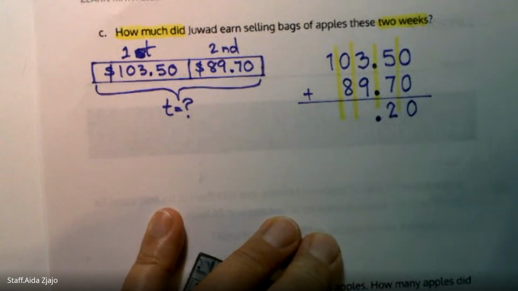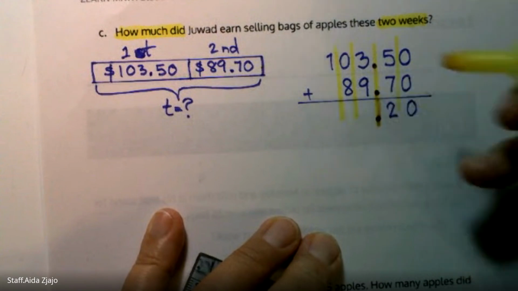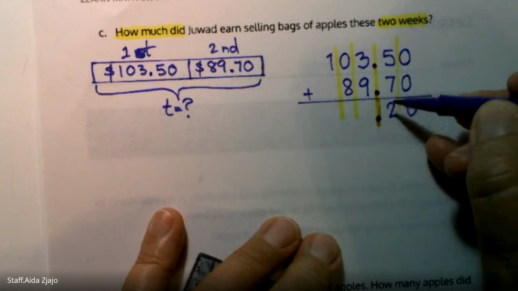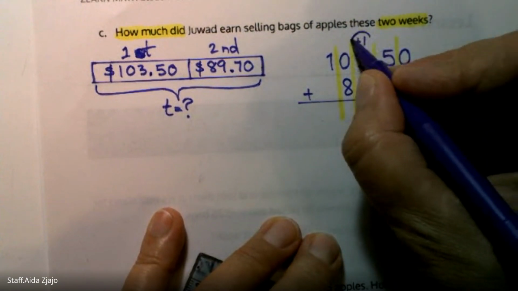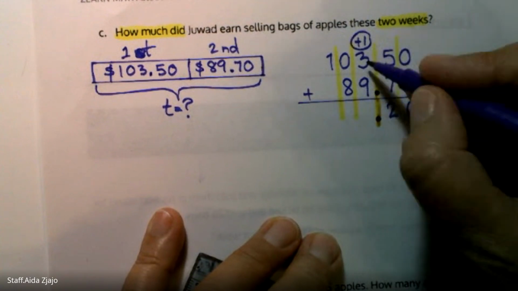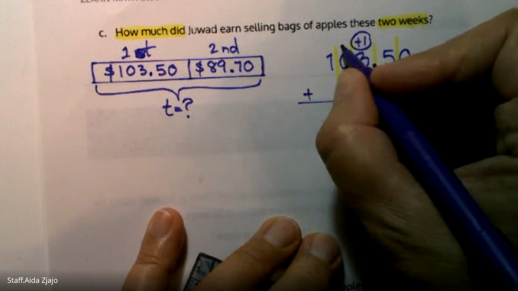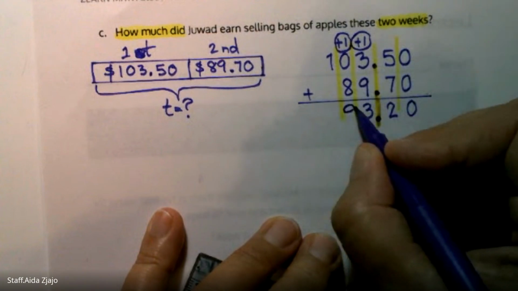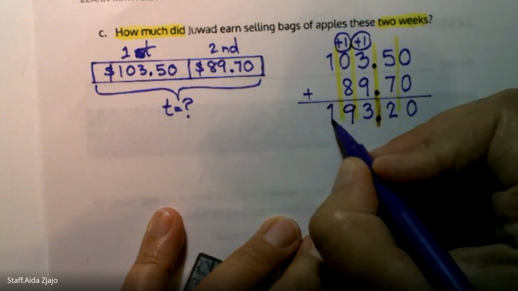Decimal point going to be on the line. And then 7, 12. And remember, I made one whole. So 1 and 9, 10 plus 3, 13. Again, made 1 ten. So that is 9 tenths and 100.